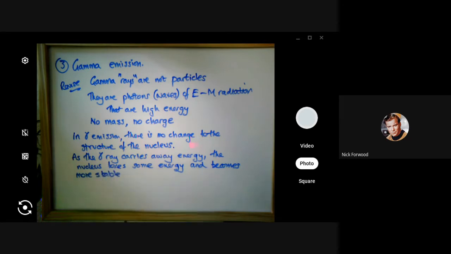So because there's no change in the number of protons or neutrons, the decay equation doesn't change at all.